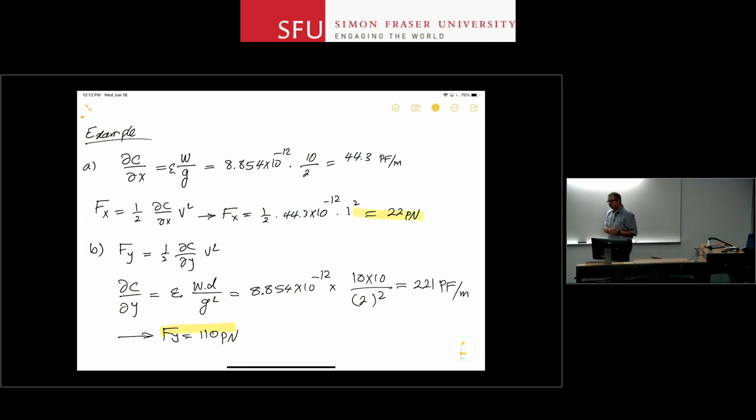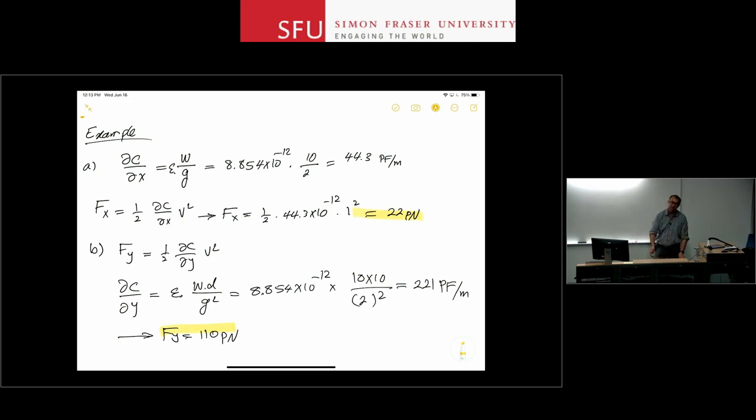So right away you have an idea that, if I want to get a large force, maybe the normal movement of electrodes towards each other gives you more force per device area, per chip area. It could be more effective.